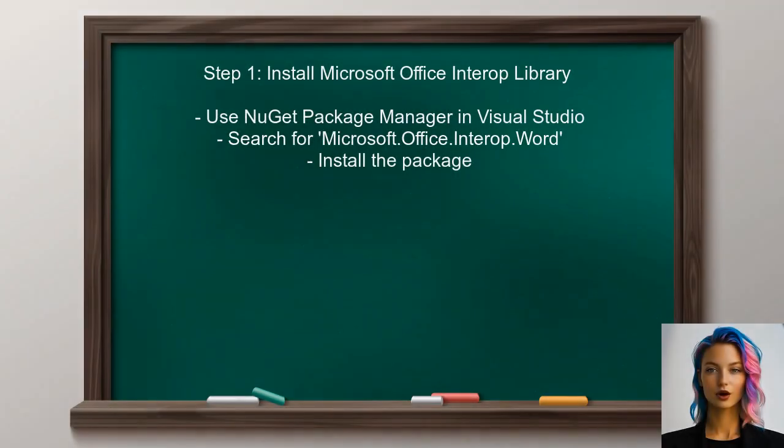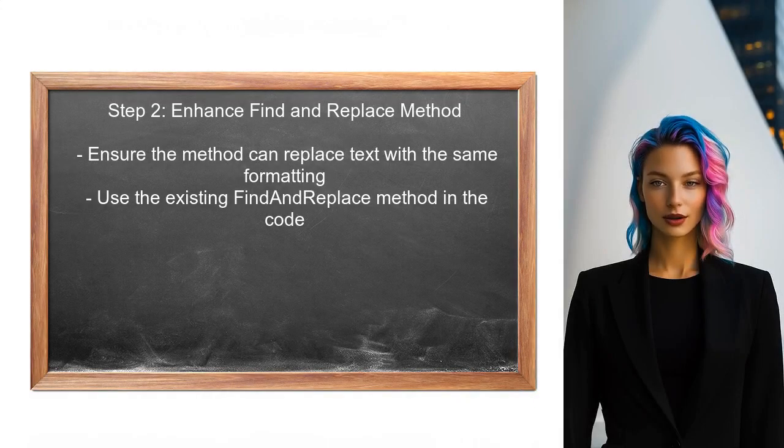To begin with, the user should ensure they have the Microsoft Office Interop library installed. This library allows for interaction with Word documents through C#. Next, the user can modify their existing code to enhance the find and replace functionality. This involves ensuring that the method can handle various formatting options.